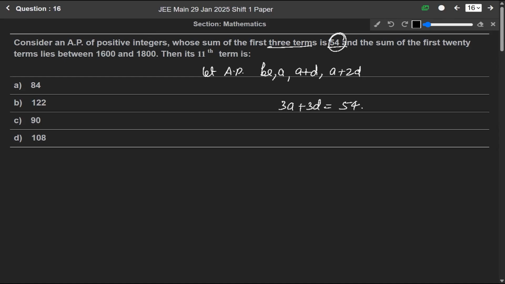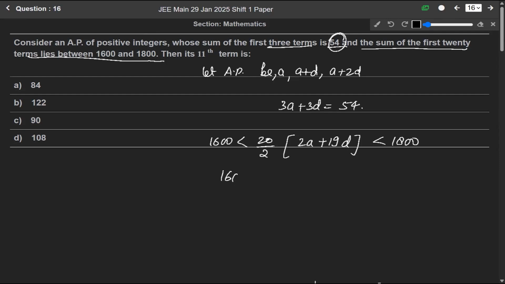Okay. And the sum of the first 20 terms lies between 1600 and 1800. Sum of first 20 terms, 20 terms means 20 by 2, this will be 2a plus 19d, lies between 1600 and 1800.